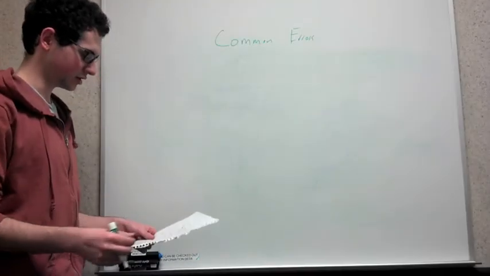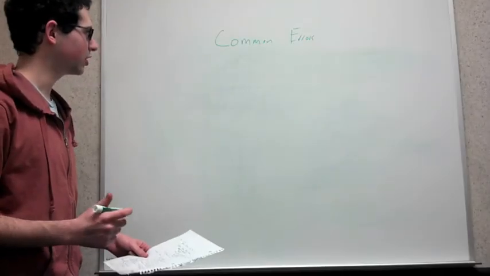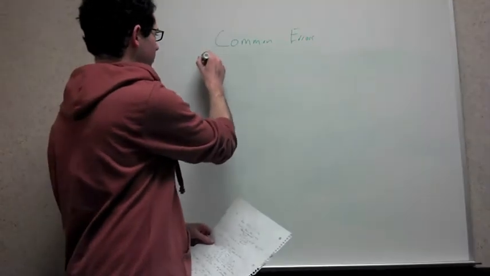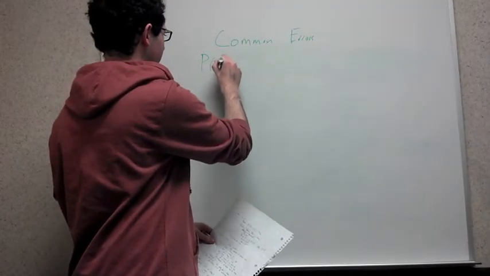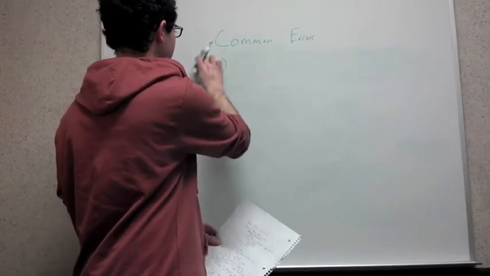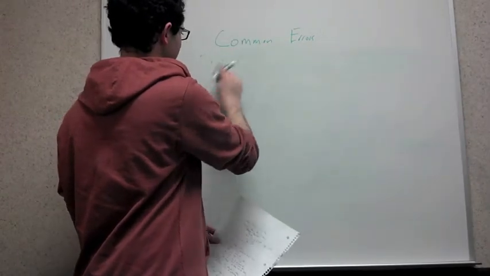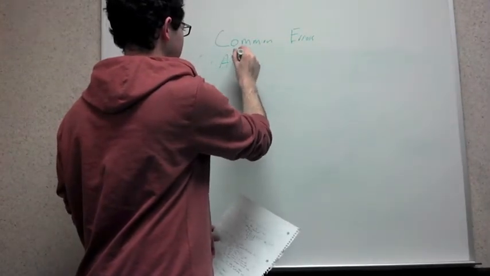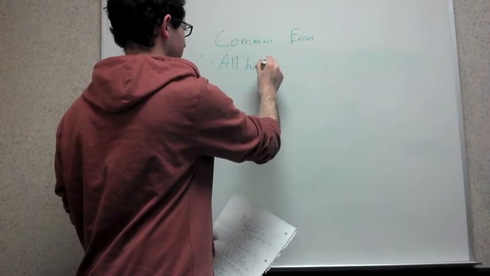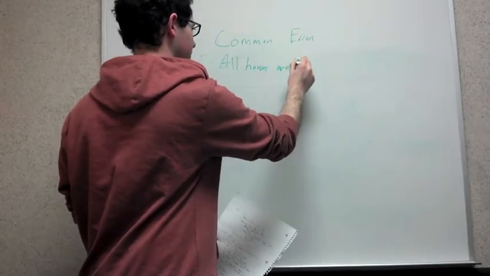So some common errors with mathematical induction. One is the horse problem. So say we're trying to prove that all horses are the same color.